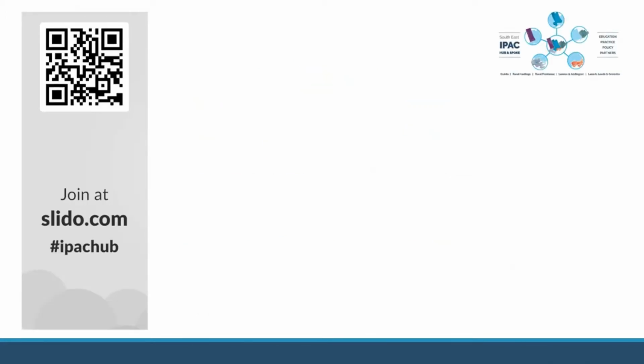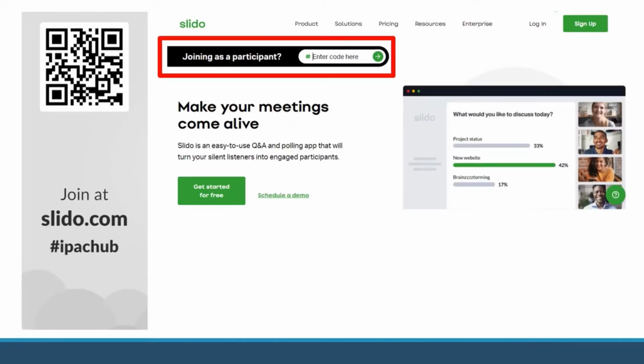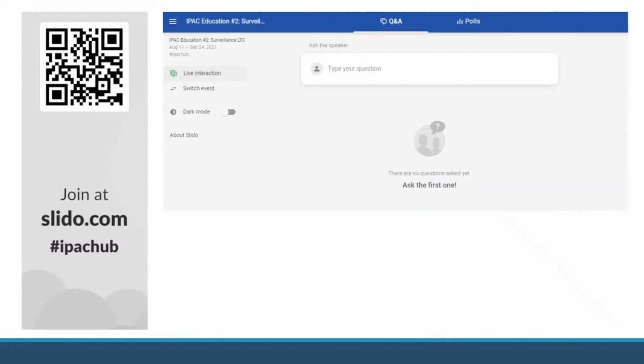Perfect. Thank you, Dana. So first you want to go to slido.com in your favorite internet browser. Once you go to slido.com, it'll look a little like this. Under joining as a participant in the black bar there, you want to enter the code Ipac Hub. So it's IPAC HUB. There's no need to put the number sign or a hashtag there. It's already there. Once you put the code in, it should take you into our event, which will look like this. For the interactive questions throughout our presentation, we're going to mainly use the polls tab here.